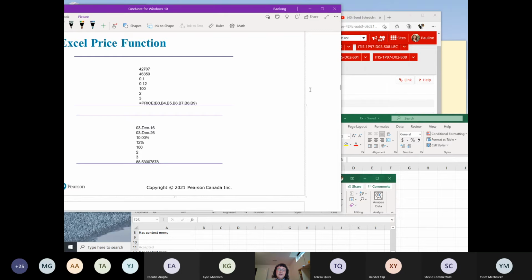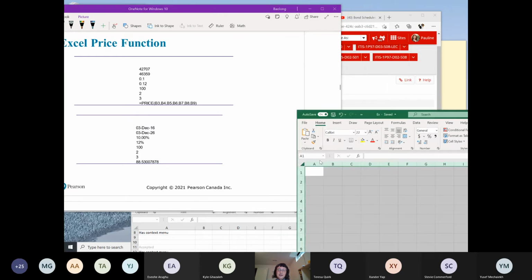Okay, so I'm going to show you here. I will use column A. I'm going to type in the date you bought the bond. For example, December 3rd, 2016.